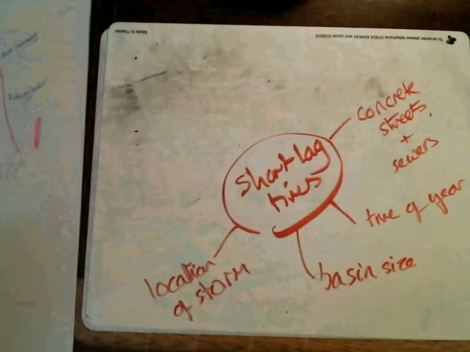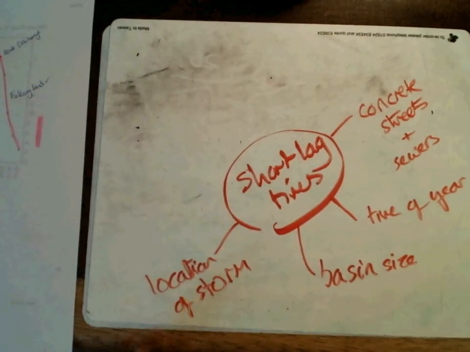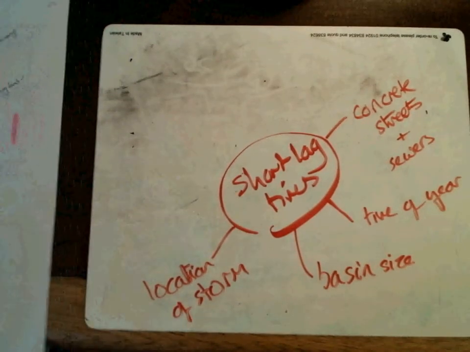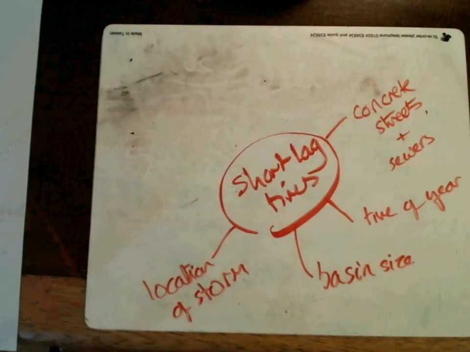So the location of the storm is quite important, and it's a not unreasonable and straightforward explanation to offer for why the river is filling up quickly. The storm was directly overhead. It was over the river, so the water was falling directly into it.